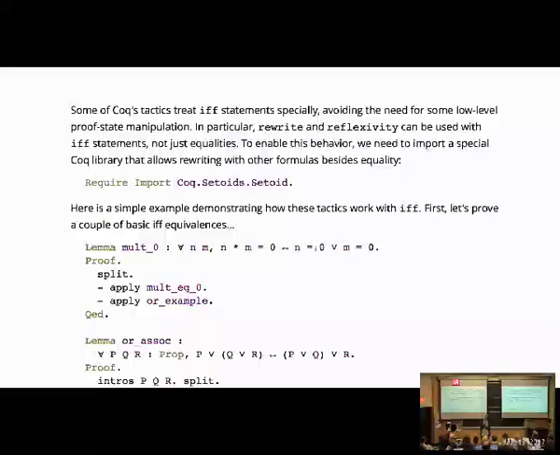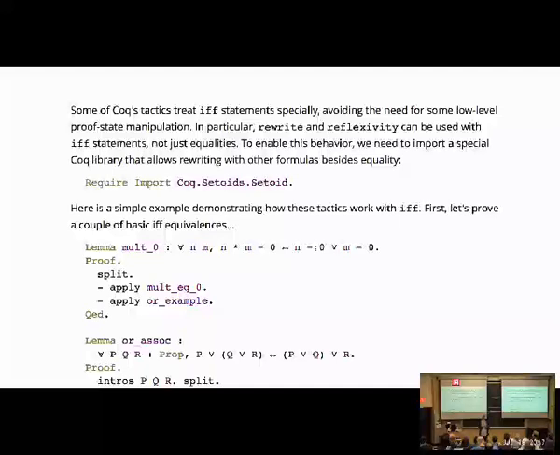It's quite similar with if and only if. Suppose we have a hypothesis, P if and only if Q, and then some long formula involving P and Q. Well, if P if and only if Q is an assumption, then we can replace some of those P's by Q in exactly the same way as we did with equality reasoning.